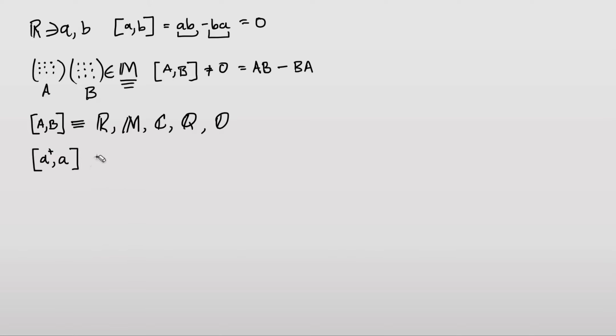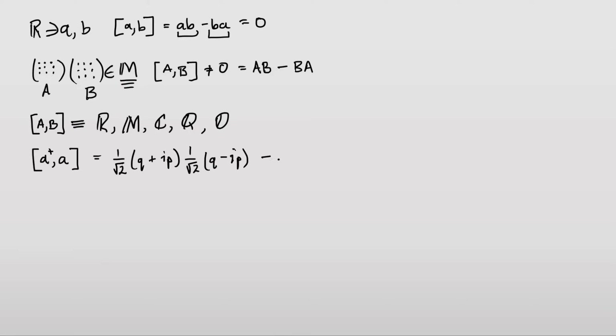Okay, so let's actually calculate this. So we now know what these things are, and we can now calculate this. If we say that this is 1 over the square root of 2 times Q plus IP, and then 1 over the square root of 2 times Q minus IP.